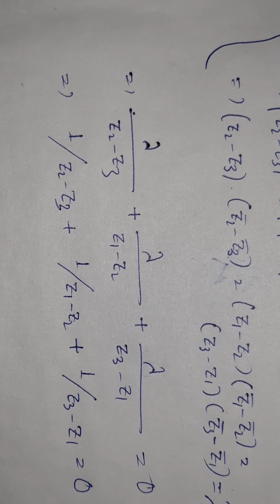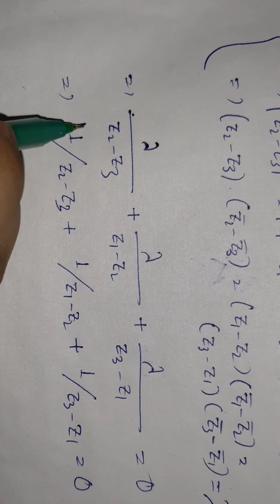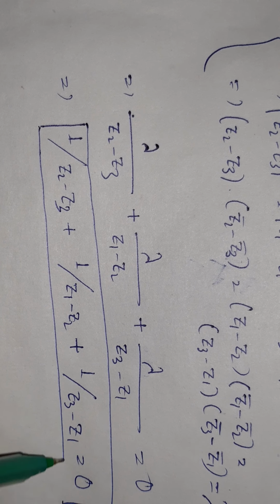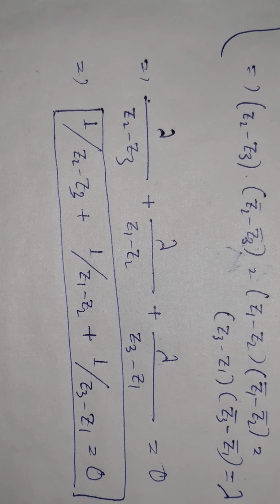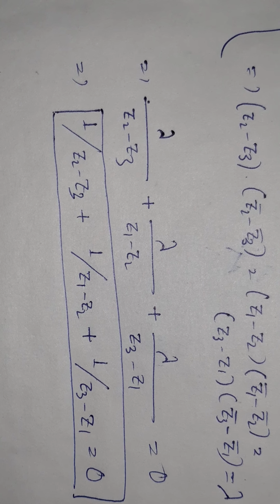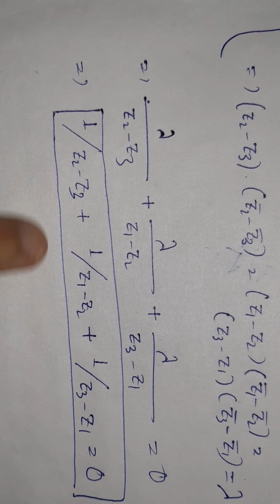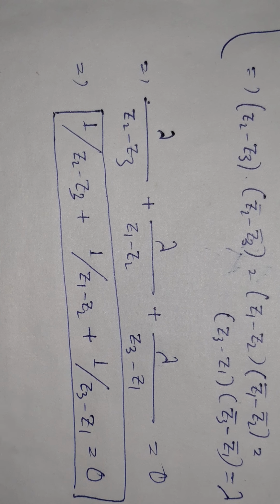This is the condition which is satisfied only by an equilateral triangle, because all three sides of the triangle are equal. That is why this type of identity comes out.